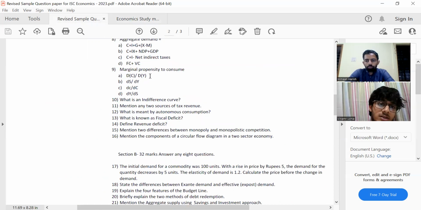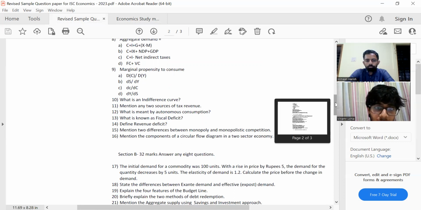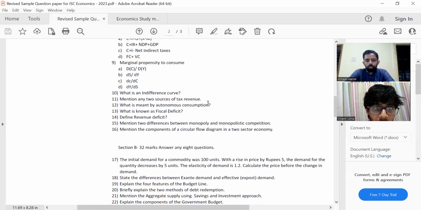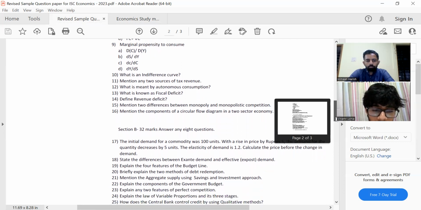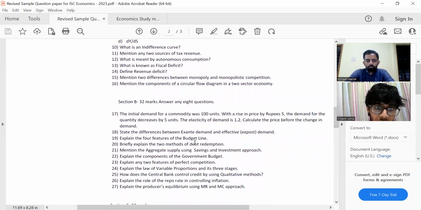We had about 12 marks in this, because autonomous consumption was 1 mark, marginal propensity was also 1 mark, and then there were 2 in the 4 markers also. Ex ante and ex post, yes. So aggregate demand, that was 4 marks. Aggregate supply was 6 marks, and there was 4, 4, 8, 10. Aggregate supply? Yes, that was for 10.